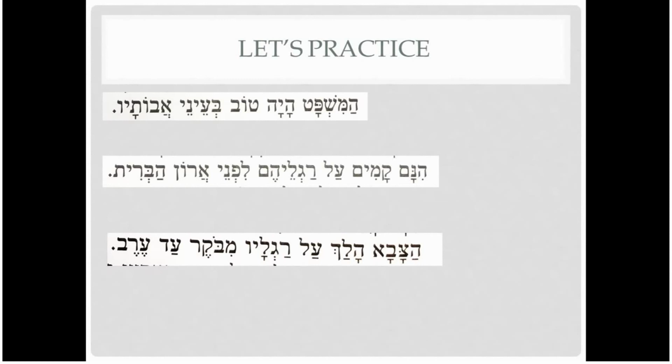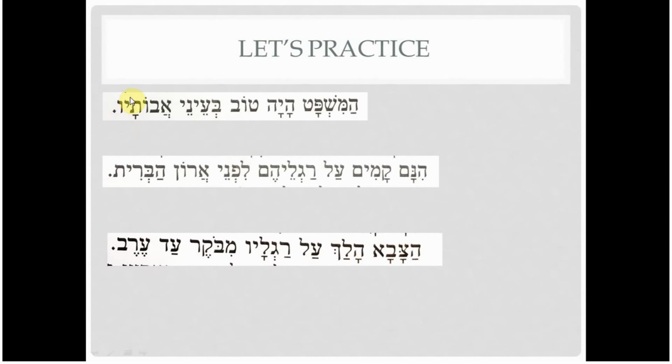Now the real word of interest here is avotav. Do you recognize what avot is? This is the word for fathers, the plural form. Avot is, as you remember, an irregular noun in that it gets the ending that we typically associate with feminine nouns, the ot, but it is actually a masculine noun.